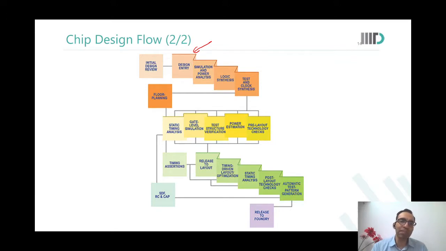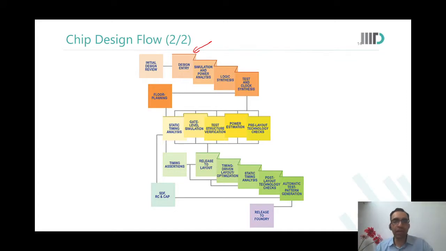So in the STA box, I also show an entry of floor planning, but I do not show an entry of floor planning into gate level simulation, for example. The output of STA goes for timing assertions. It also goes for SDF and RC and CAP estimation, and that information also comes back to STA. So that is shown as an input there and an output there.